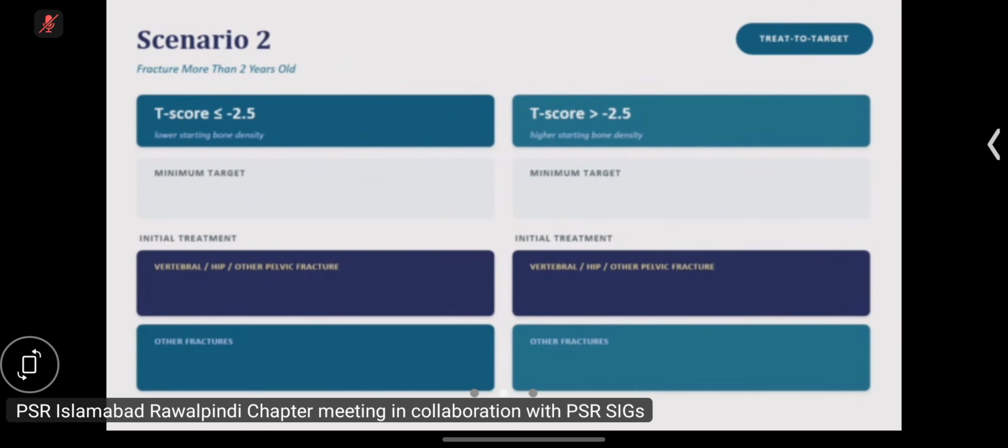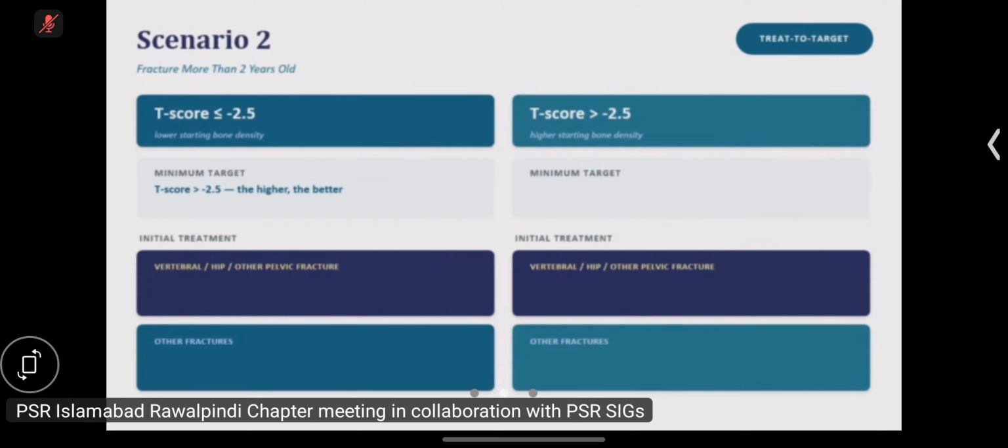Scenario 2 is of a patient who has had a fracture in the past, but that was more than 2 years ago. So here we can encounter two scenarios. In the first scenario, if the patient has a prior history of fracture, but their T-score is less than minus 2.5, then again, the minimum target is anything over minus 2.5.